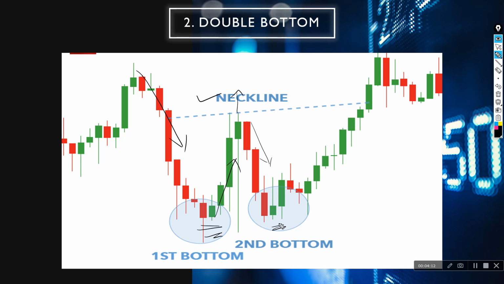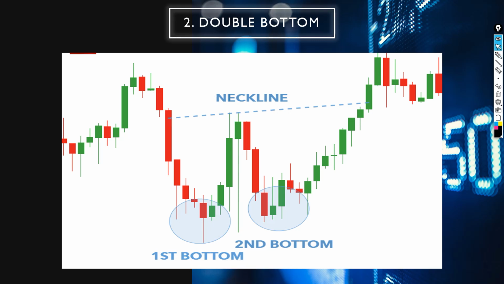So you can see, not exactly, but yes, there is this line, and then it moved up. Now again, you will place your trade once there is this retracement, and then you can go ahead and place your trade. So this was about double bottom because it's forming two bottoms here.